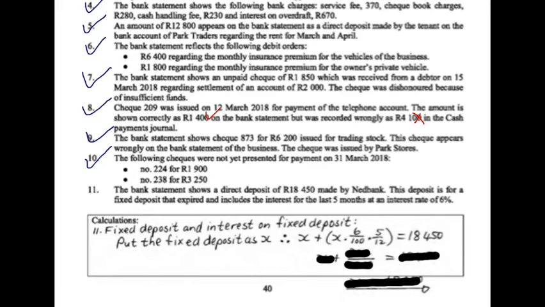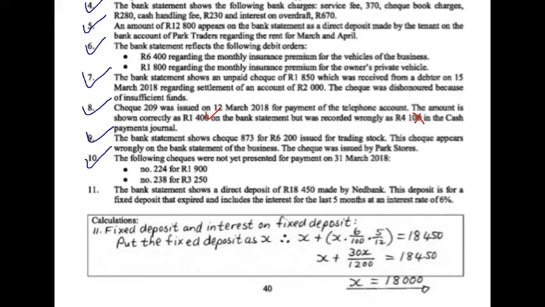If I calculate what is in my brackets, I see that I've got 30 X over 1,200. So fixed deposit plus interest equals 18,450. Now it's just normal maths. You get X alone by taking the 18,450 and multiplying it by 1,200 over 30. And then you get your X alone as 18,000.